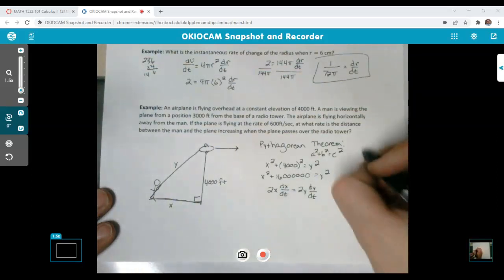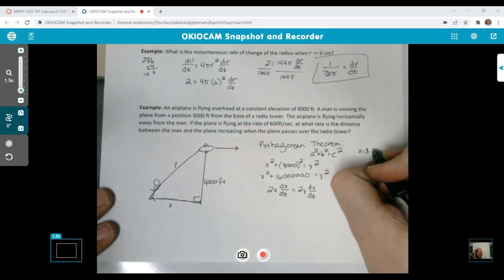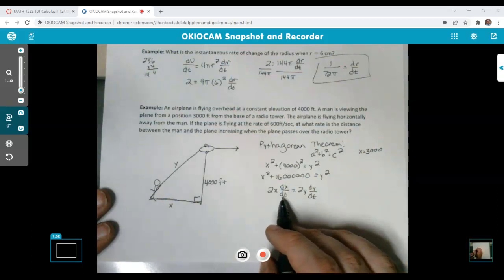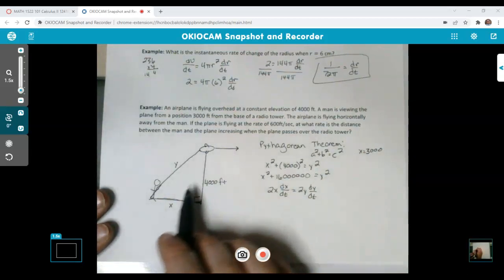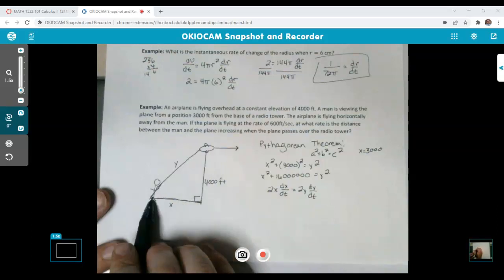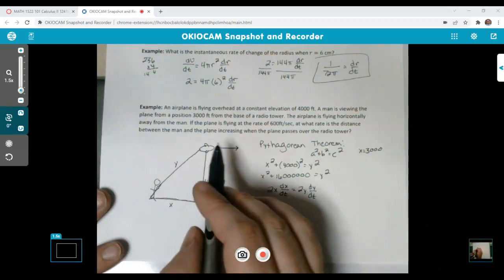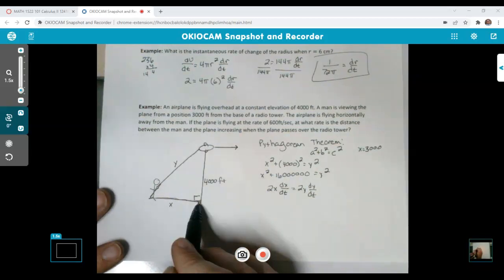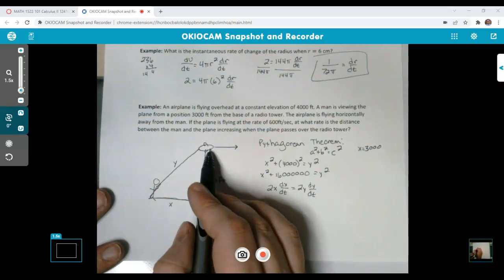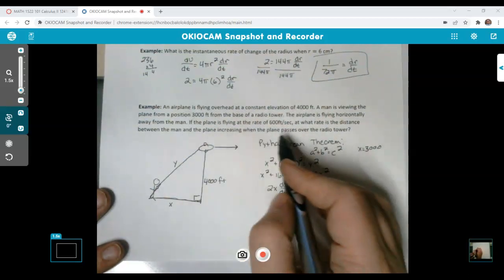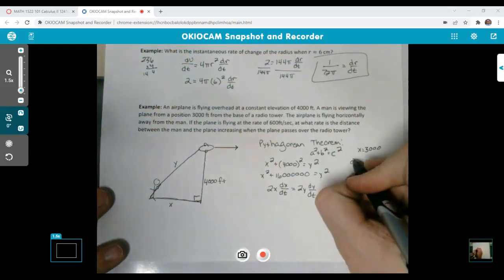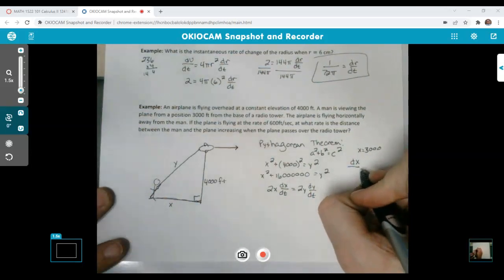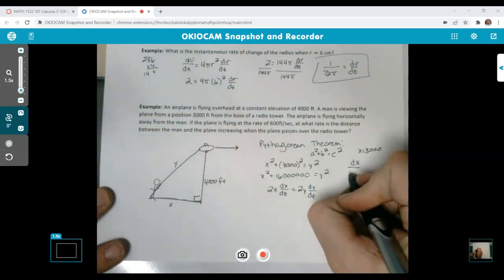So x is going to be 3,000. dx/dt is going to be the speed at which I'm going to change right here, right? Well, the plane is flying, and so the rate of change of this side is the same as the speed of the plane, which we said was 600 feet per second. So dx/dt is 600.